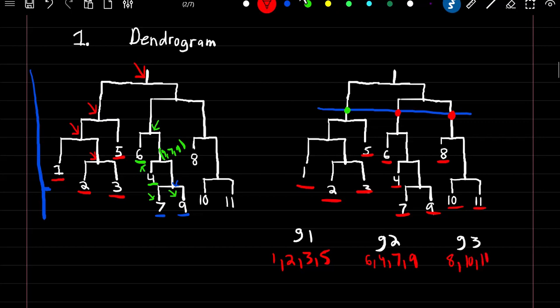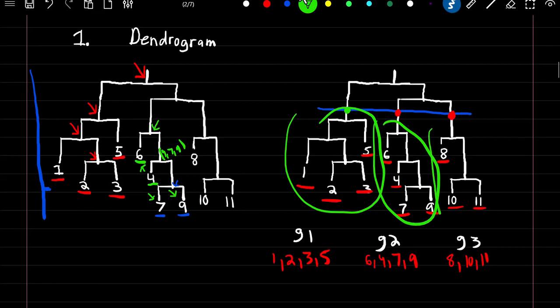Just like in k-means clustering, the number of groups can be somewhat arbitrary. But unlike k-means clustering, we can choose the number of groups we want after we already created or ran our model. Choosing the number of groups can be somewhat arbitrary, but in this instance I would think that 3 would be the correct number of groups because we're ultimately going to end up with these 3 different subgroups of data.